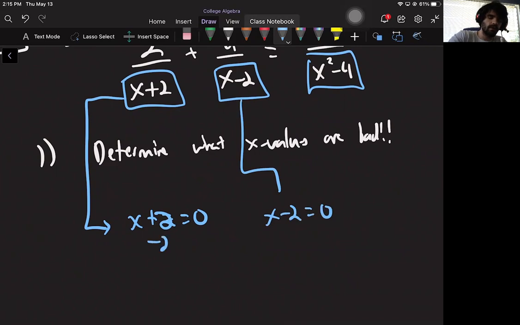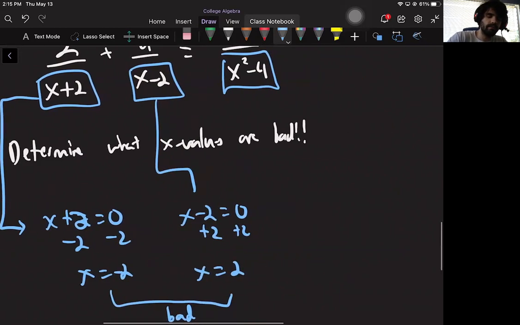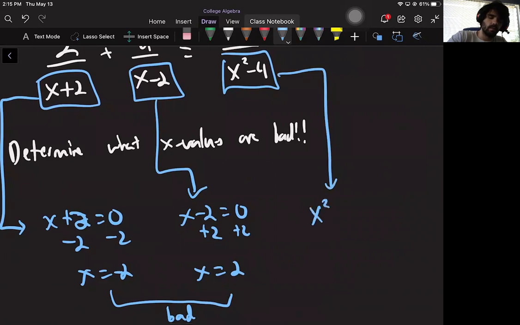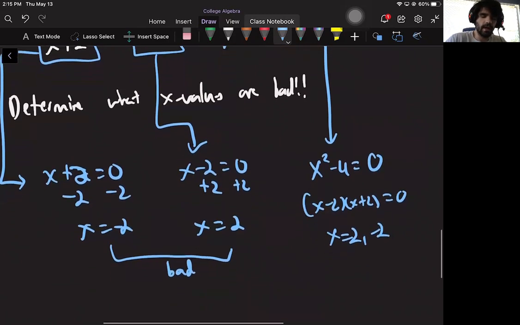So here, if I subtract 2 on both sides, I get x is negative 2, so that's bad. And if I add 2 on both sides, I get x equals positive 2. So these are both bad. And then this one, well, actually, that just factors into x minus 2 times x plus 2 anyway, so you still get the same zeros. You still get x equals 2 and negative 2, which were already included. So 2 and negative 2 are the bad x values.